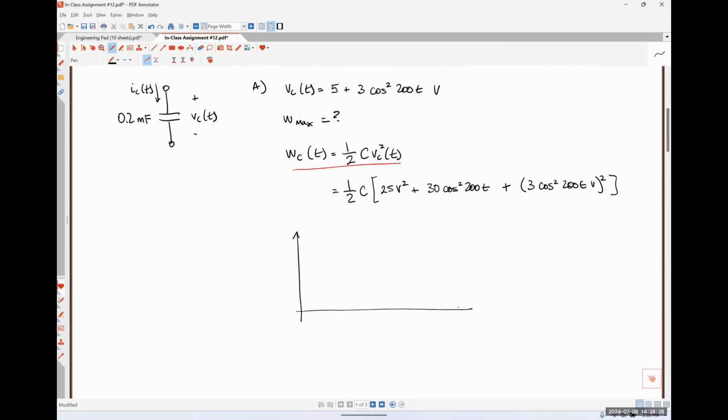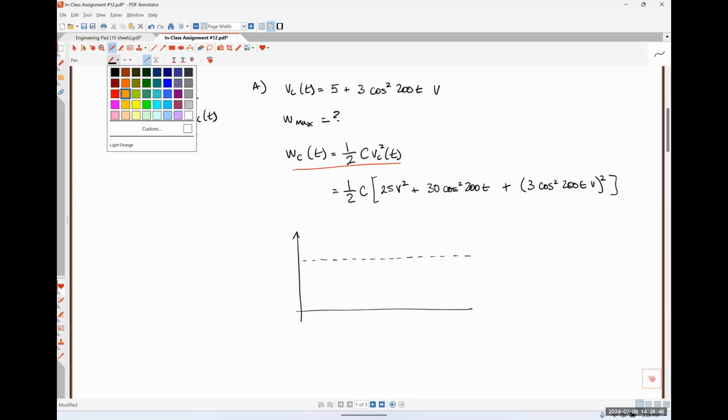So we know that there's going to be some DC offset, because there's a DC term. And then there's also going to be a sinusoidal signal kind of oscillating on top of that. So something like this.